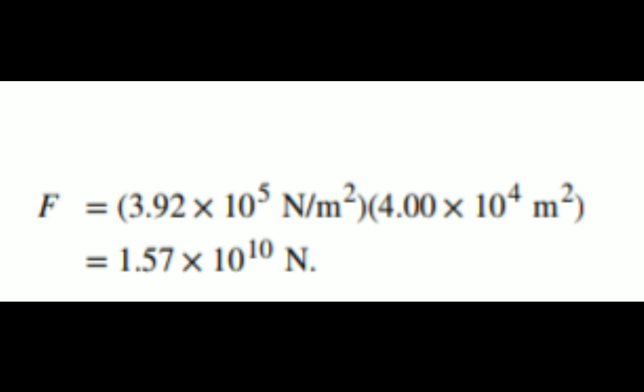Multiplying, we come out to the answer 1.57 times 10^10 newtons. The meters squared cancel, so only newtons remain. So, multiplying 4.0 times 10^4 by 3.92 times 10^5 gives the answer: force equals 1.57 times 10^10 newtons.